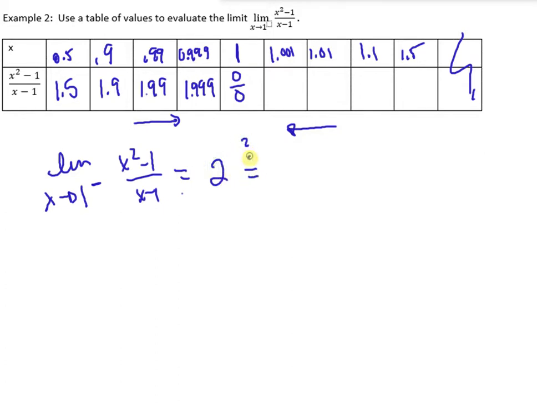Our question is, does this equal the limit as x approaches 1 from the positive side of this same function? 1.001 squared minus 1 divided by 1.001 minus 1, I get 2.001.